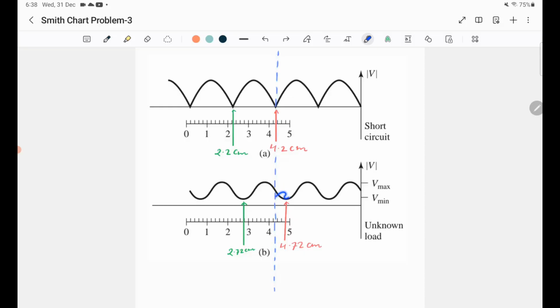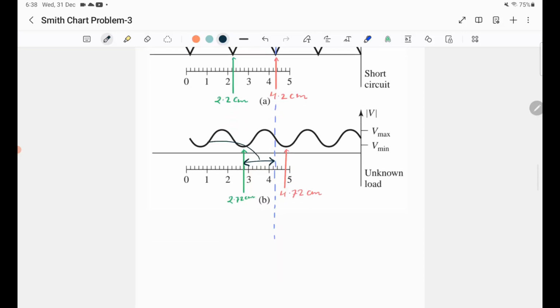Now since we have changed the position of the load at this particular plane, we can tell that the unknown load is placed somewhere here at this point, and the value of L min is the distance from the load to the first voltage minima. So this particular distance is L min, which is equal to 4.2 minus 2.72, which is equal to 1.48 centimeters.